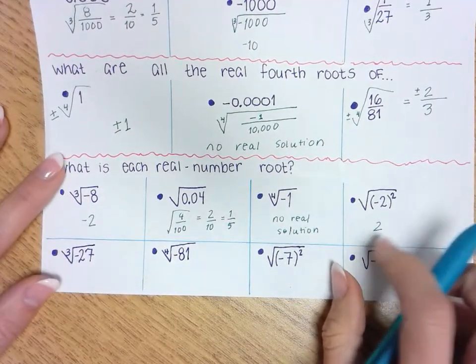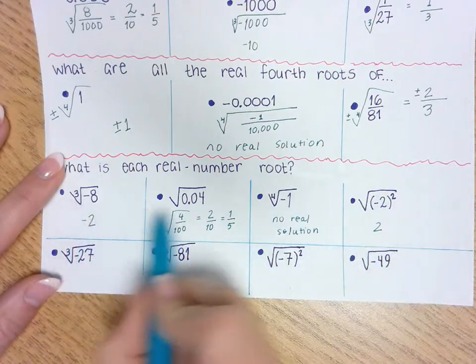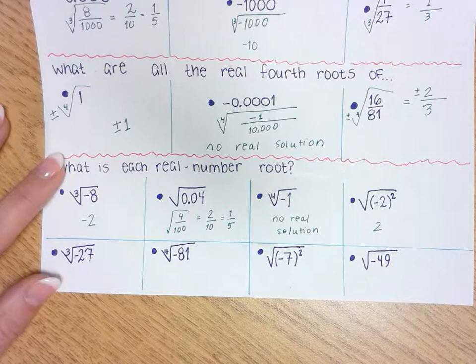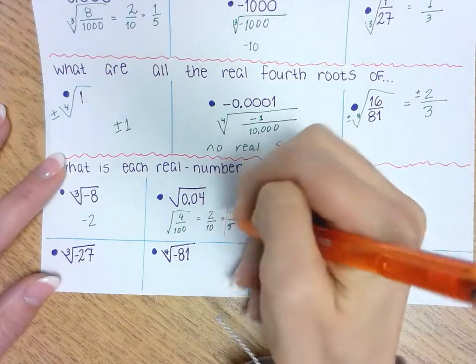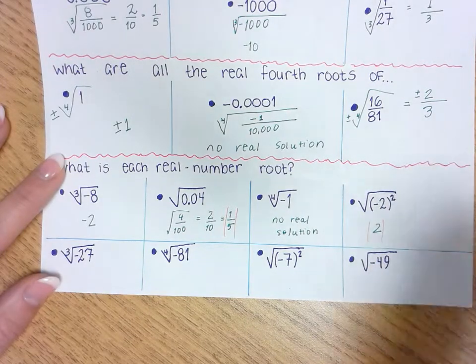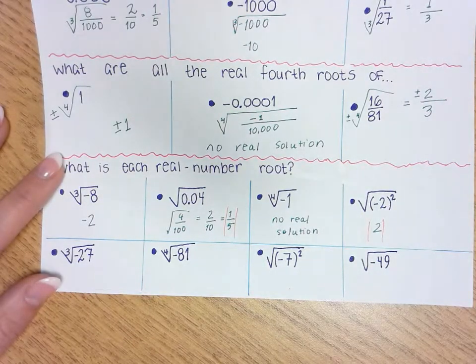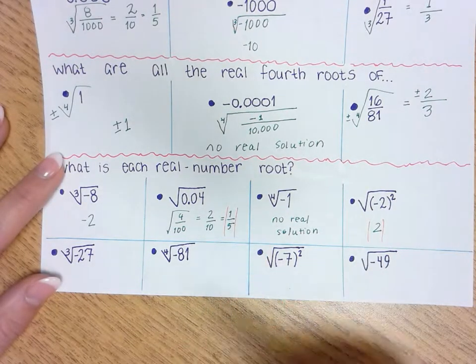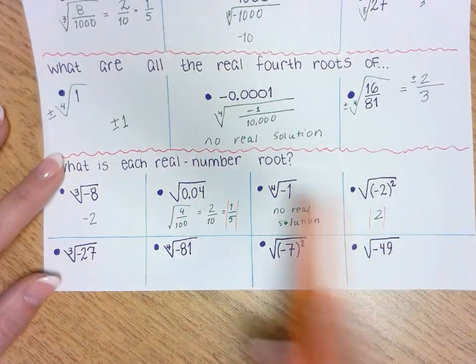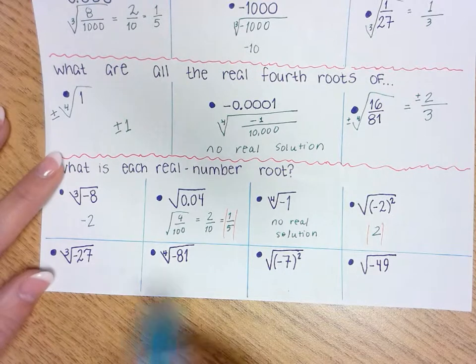The reality is, anytime you take an even root, you should be able to put absolute value bars on it and be fine. So here, if I did get negative, you'd have to put absolute value bars. I wouldn't write them right now because they're already positive, so it's redundant, but it is the reality of it, okay? Because you won't get negative answers for even roots ever.